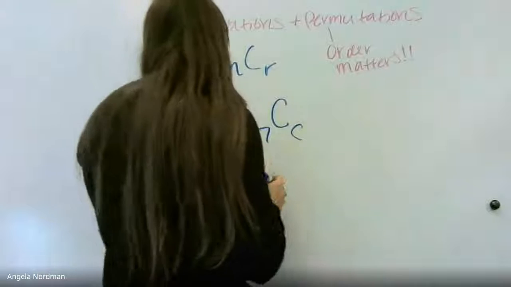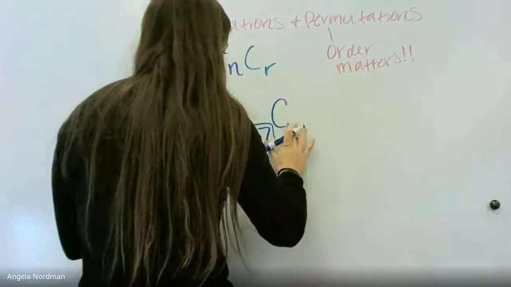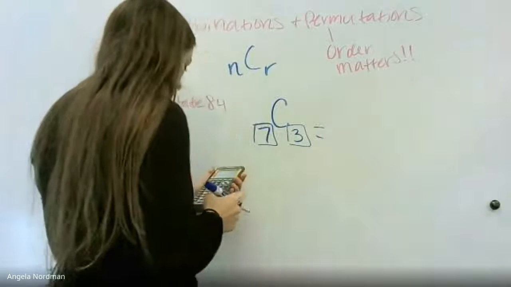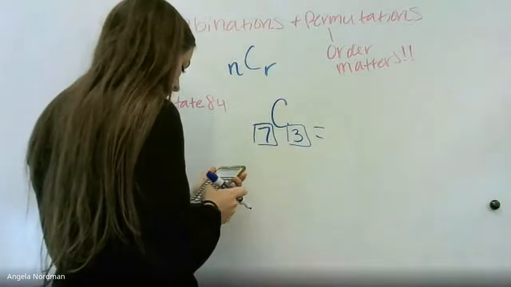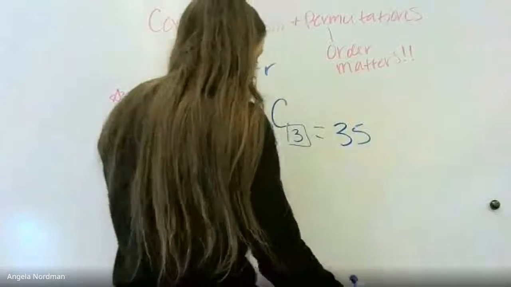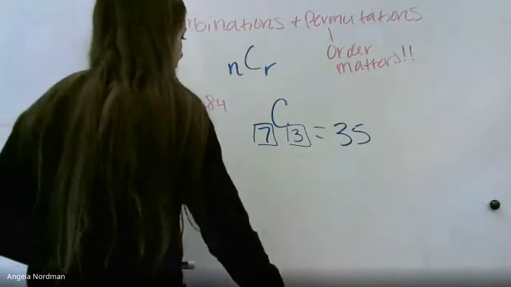We hit enter, we fill in the box with 7 and 3, and we hit equal, and we get 35. There are 35 different ways to choose these colors of the rainbow in groups.